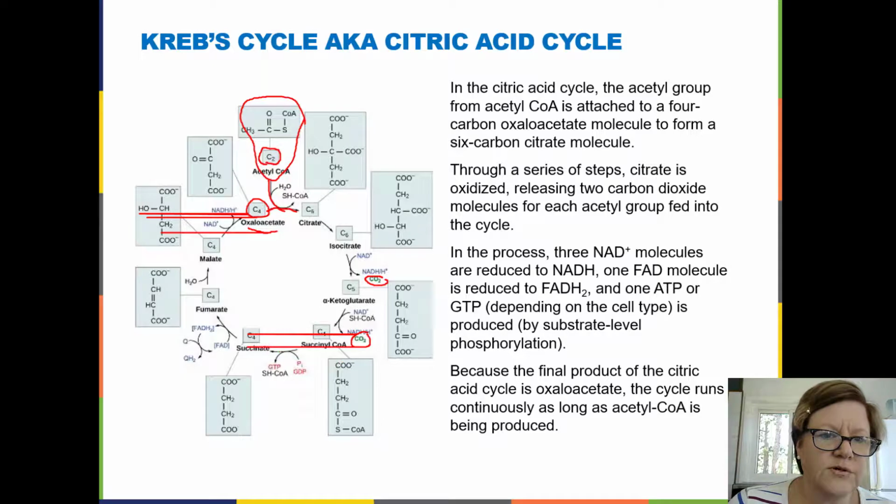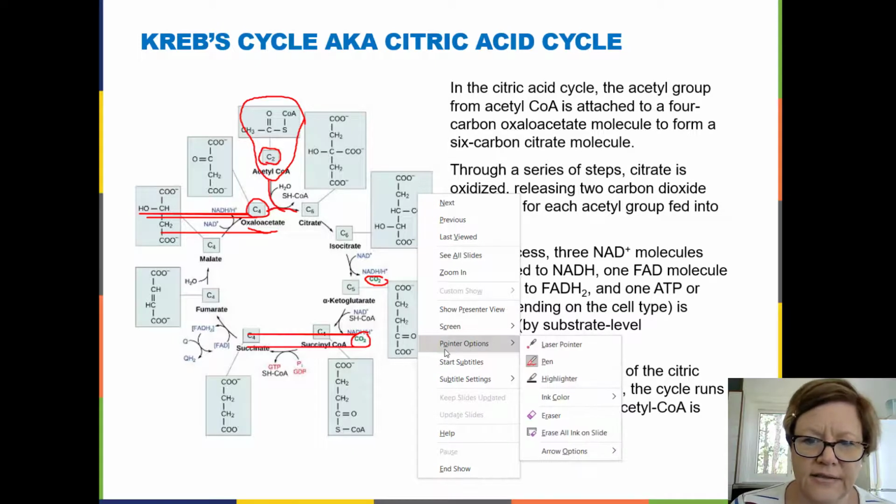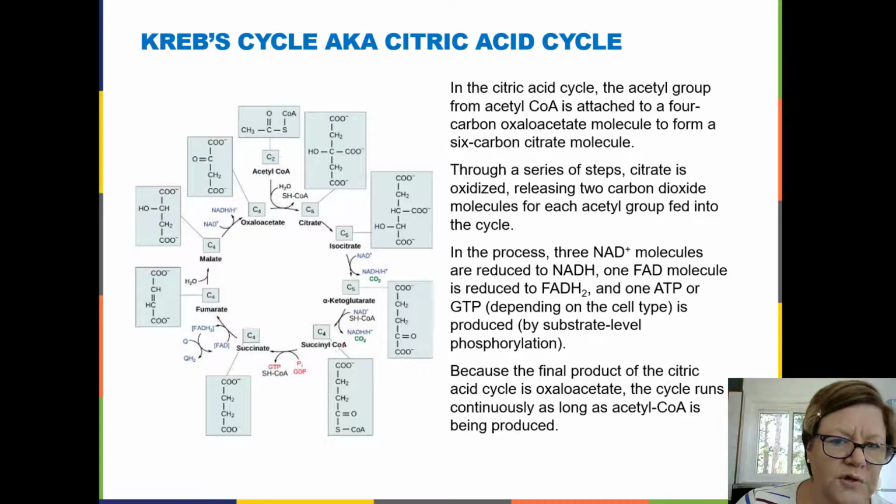Succinyl-CoA then gets reorganized eventually as oxaloacetate because succinyl-CoA is a 4-carbon. So there's a lot of steps actually to reorganize the 4-carbon molecule of succinyl-CoA back to the 4-carbon molecule of oxaloacetate. But when you look at all these steps, just highlighting the molecules that we were looking at, oxaloacetate combines with acetyl-CoA to make citrate.